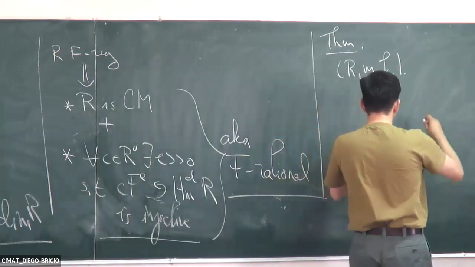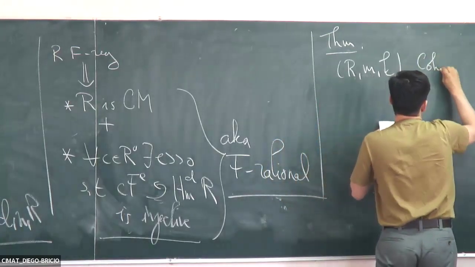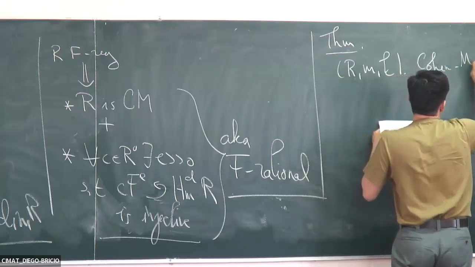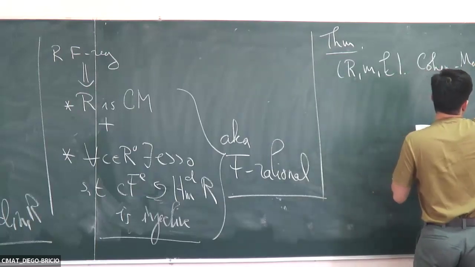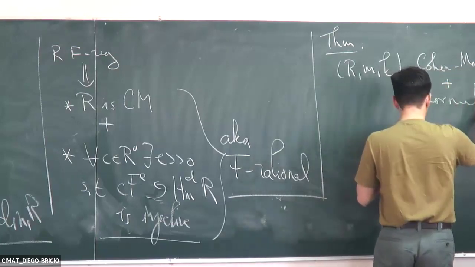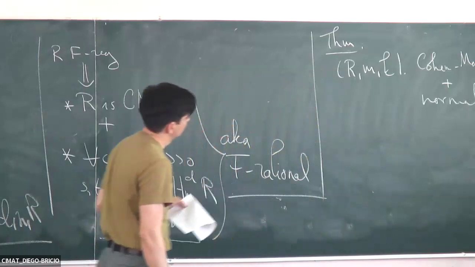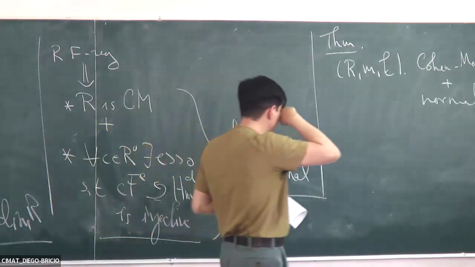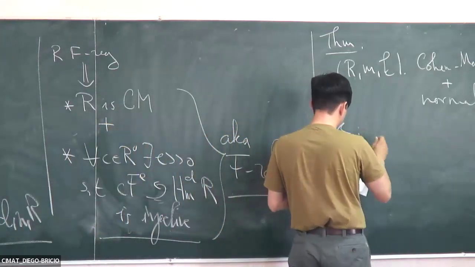Well, let me do the local case. If you have Cohen-Macaulay plus normal. Okay. Let me take this and let me assume that it has a Cartier operator.